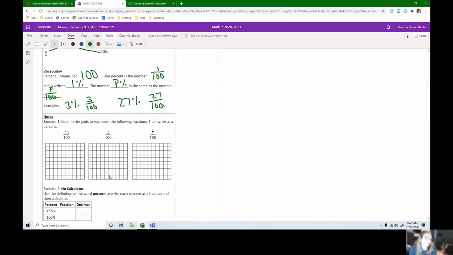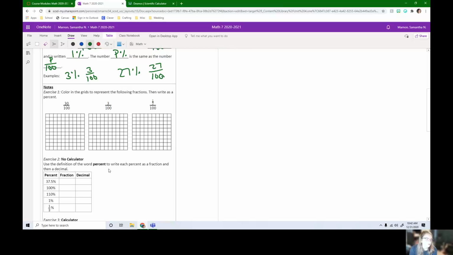So let's look at our first exercise. So exercise 1, color in the grids to represent the following fractions, then write as a percent. So you can check, this is a 10 by 10 grid, so there are 100 squares here. So I want to represent 30 out of 100, or 30%, and we're going to do that by shading in 30 boxes.